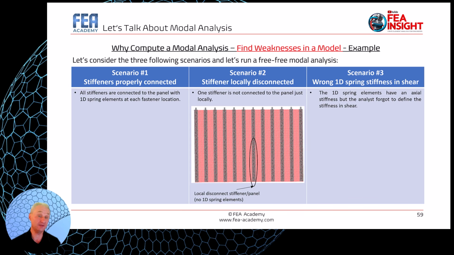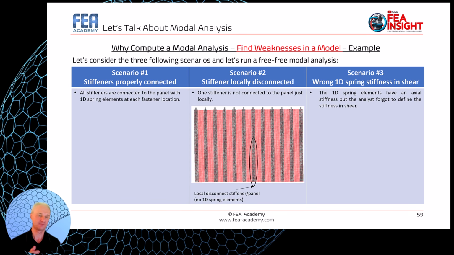It can be a typical error when we build a model with a lot of fasteners. Maybe you can forget to create those fasteners, but you don't see it because the 1D spring elements are only small lines, 1D elements between 2 nodes. So visually, when you check the model, you don't see it.